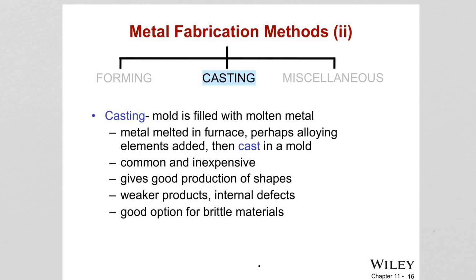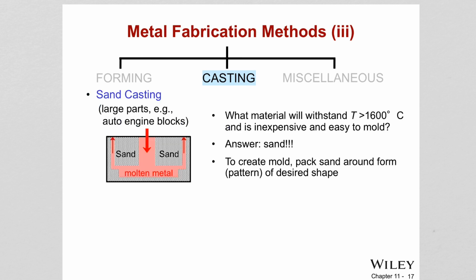There are several different types of casting techniques available. One of them is sand casting, which is the most common technique. Here, as the name implies, sand is used as the mold material.